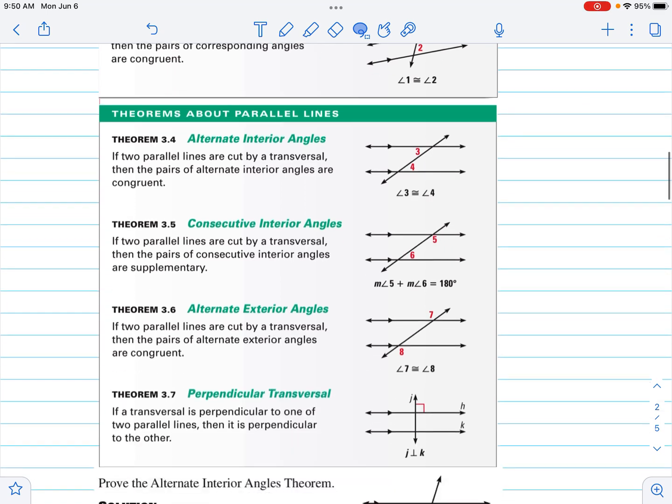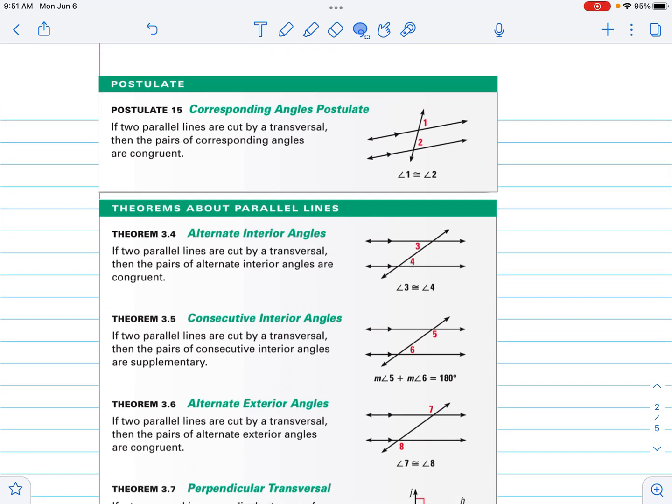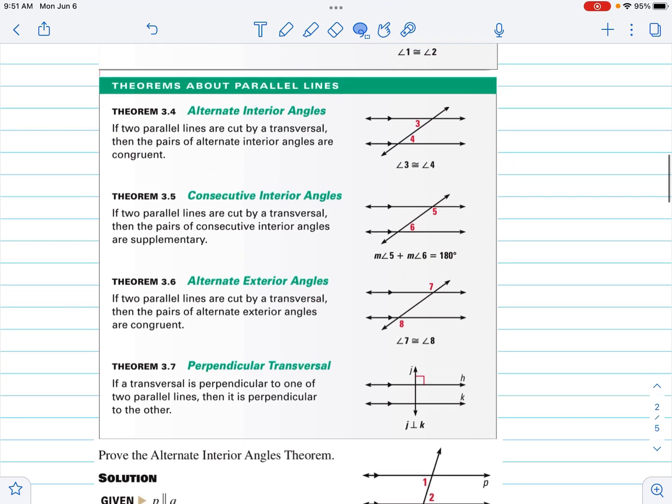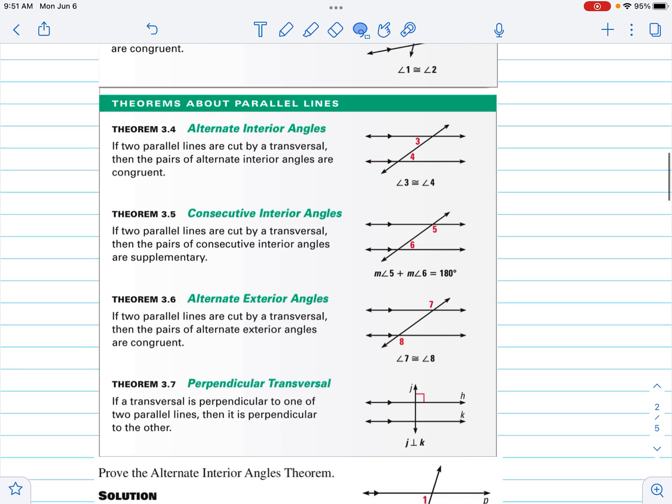Now, when it comes to parallel lines cut by a transversal, we've got some theorems here. We've got alternate interior angles: if two parallel lines are cut by a transversal, then the pairs of alternate interior angles are congruent.